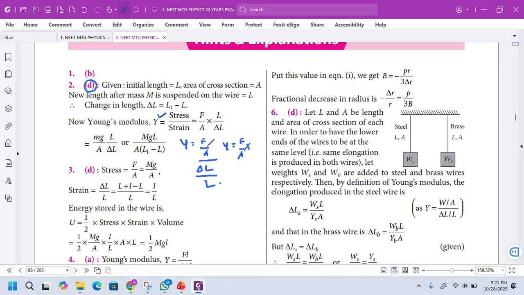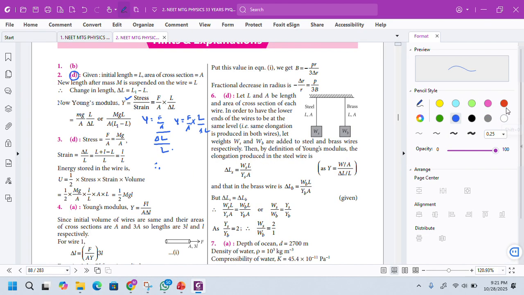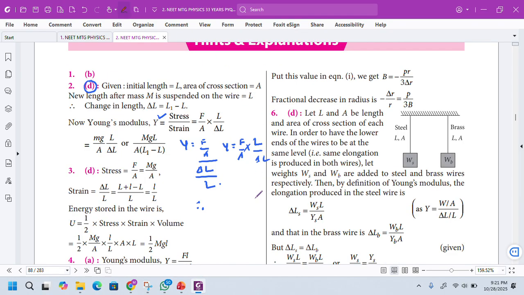Stress is F by A, and strain is the change in length to original length. Then F by A is equal to, and L divided by delta L will come to the numerator, dear students. So what can I write now?